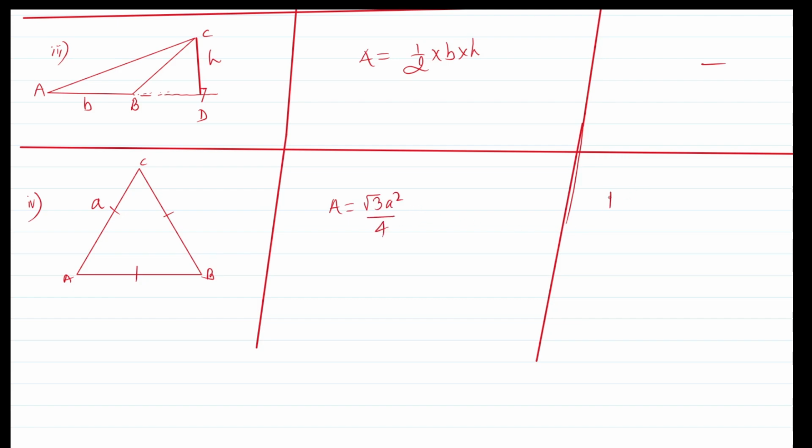And perimeter, in this case, is the sum of all sides, that is 3A.